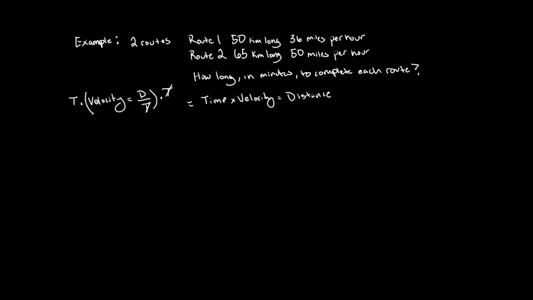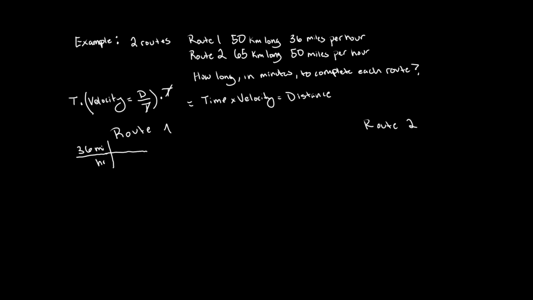Now the first thing we need to do is convert our velocities. So let's say we're going to work on route 1 over here, and we'll work on route 2 over in this area. So we have 36 miles per hour, and we're going to set up our train and track.